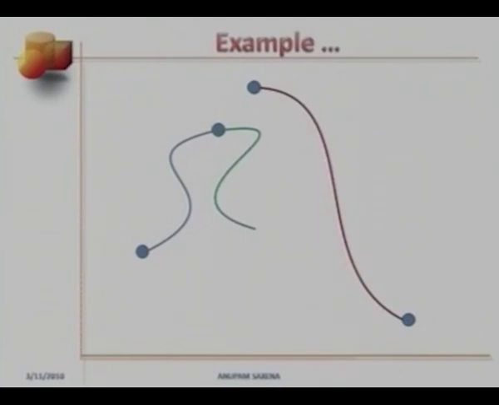You would observe that the third segment will change like so, and the second segment will change like this. The first segment will not change in shape. Once again, this point moves, the third segment changes in shape, and the second segment changes in shape as well.